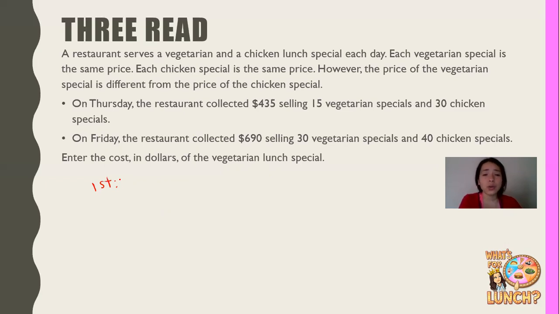On Thursday, the restaurant collected $435 selling 15 vegetarian specials and 30 chicken specials. On Friday, the restaurant collected $690 selling 30 vegetarian specials and 40 chicken specials, and $2,000 of a vegetarian lunch special.